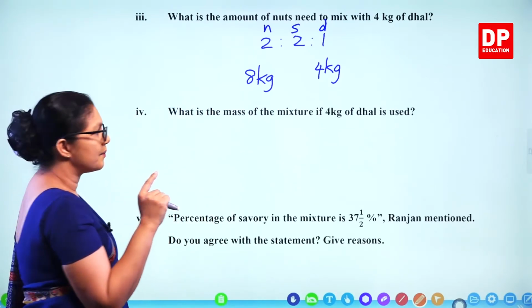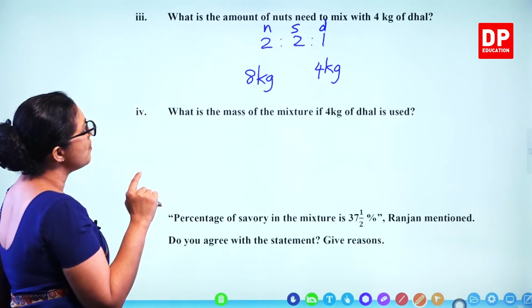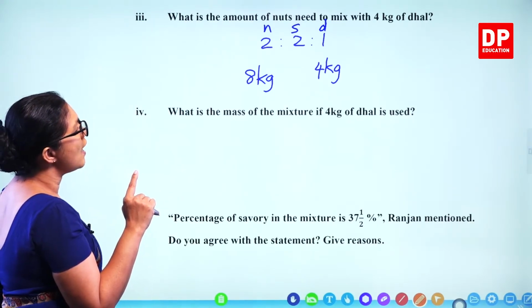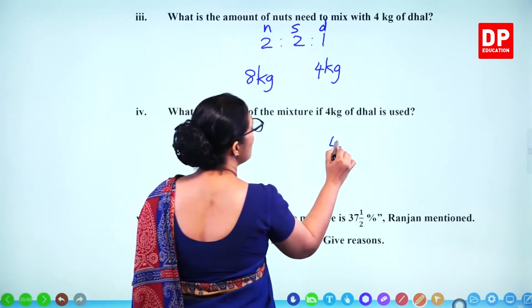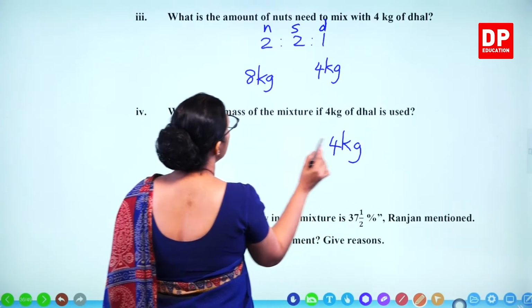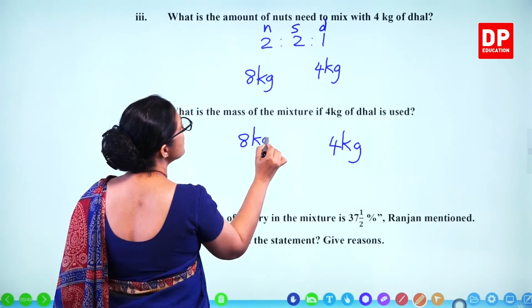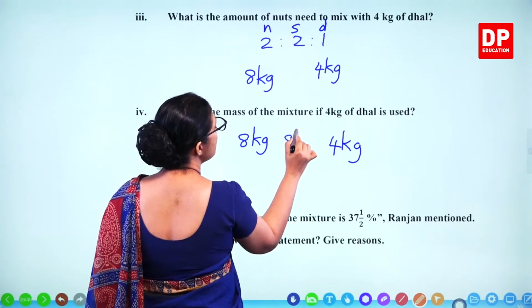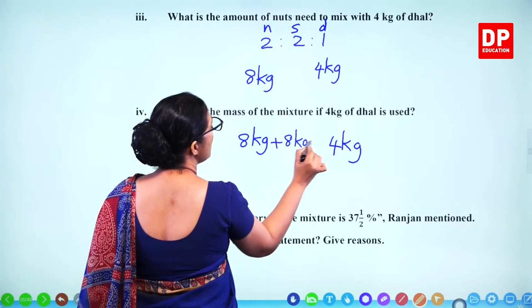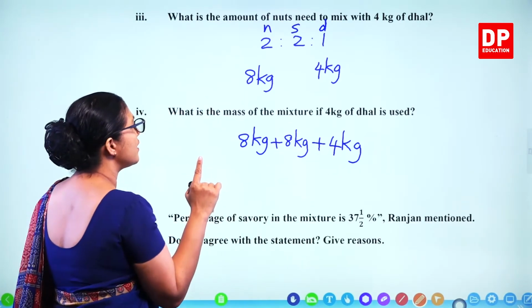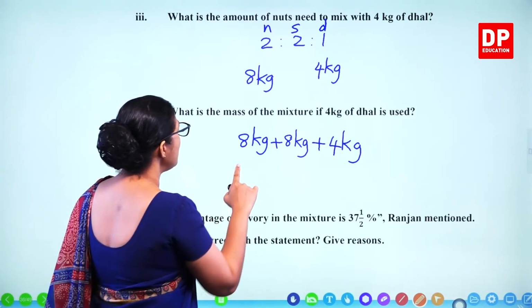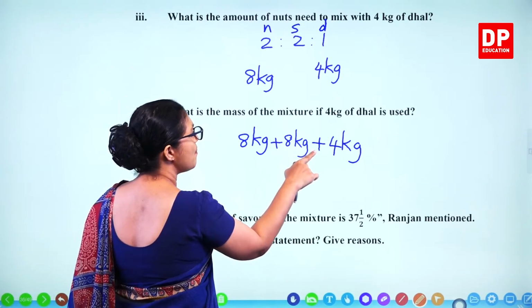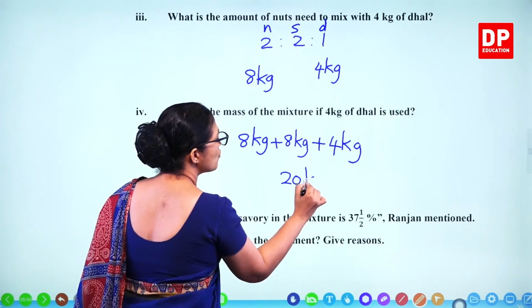What is the mass of the mixture if 4 kilograms of dal is used? Dal 4 kilos, nuts 8, savory also 8. Add all together: 8 and 8, 16 plus 4, 20 kilos of the mixture.